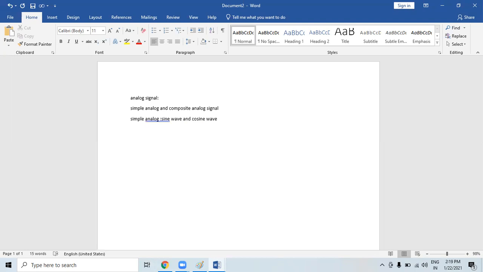And then the composite analog signal also has some parts.